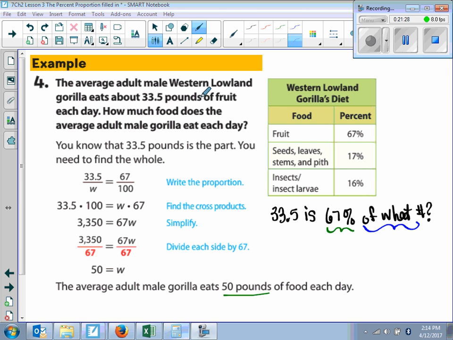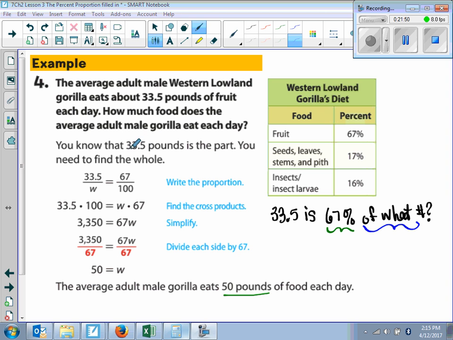All right, so the average adult male western lowland gorilla eats about 33.5 pounds of fruit each day. How much food does the average adult male gorilla eat each day? So here, you know that 33.5 pounds is the part of the total of what he eats, right?